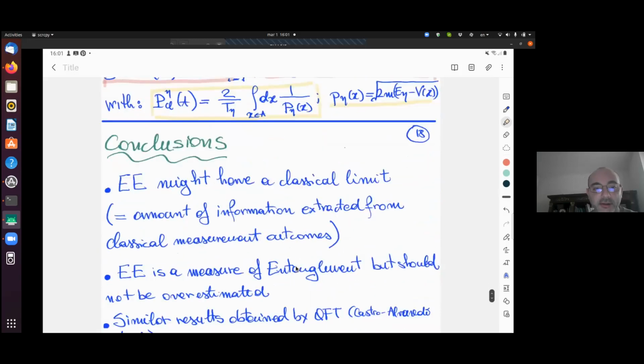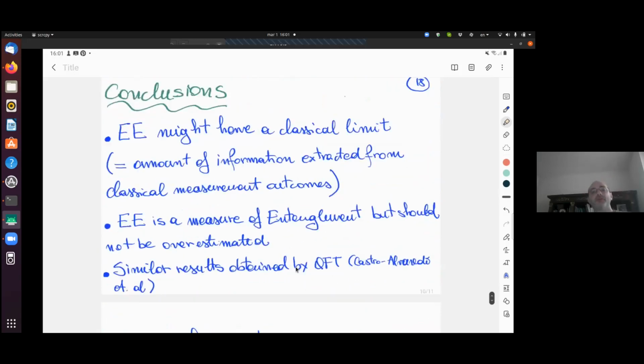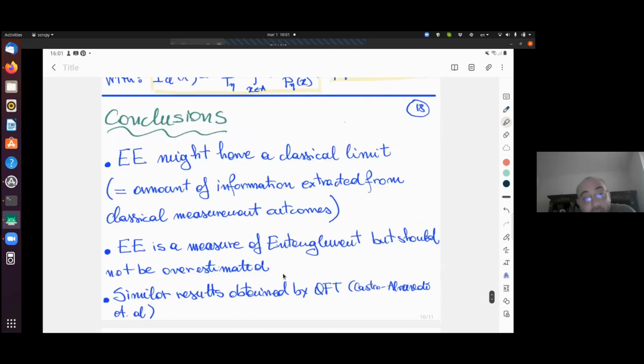Well, with this, I come to my conclusion. I tried to show you that the entanglement entropy might have a classical limit, in the sense defined here as the h bar goes to 0 limit of a certain wave function.